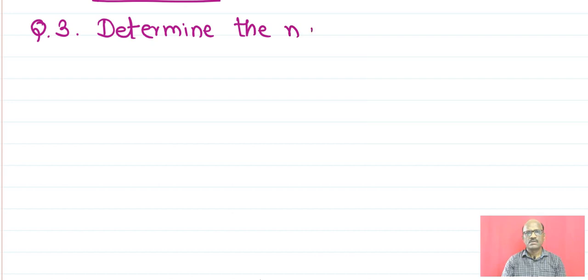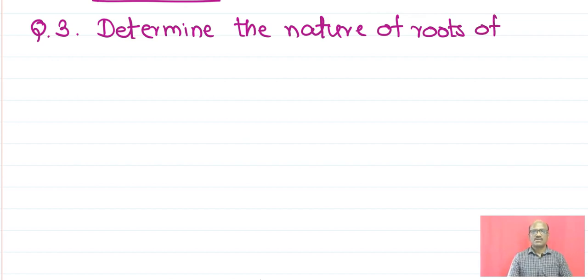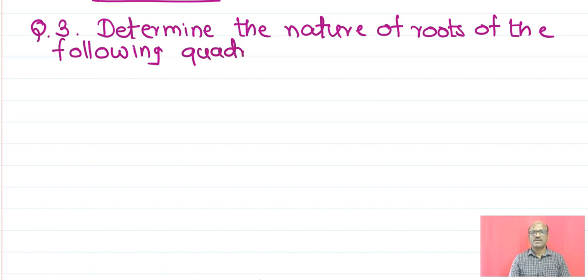Now next, question number 3. Determine the nature of the roots of the following quadratic equations.